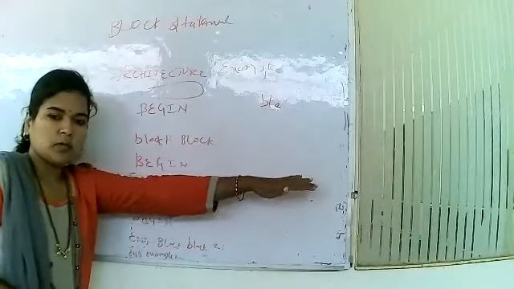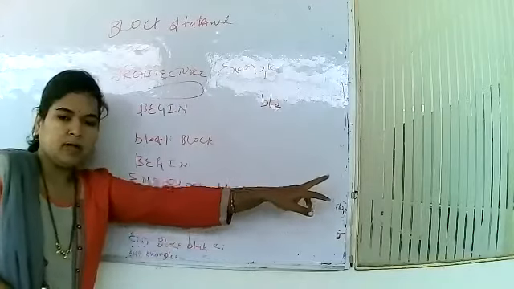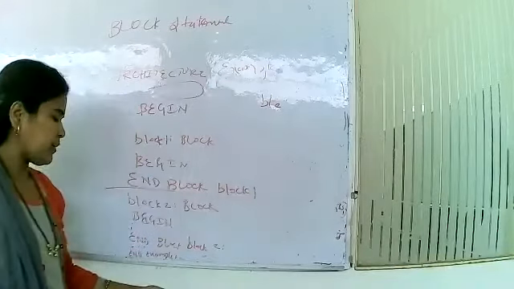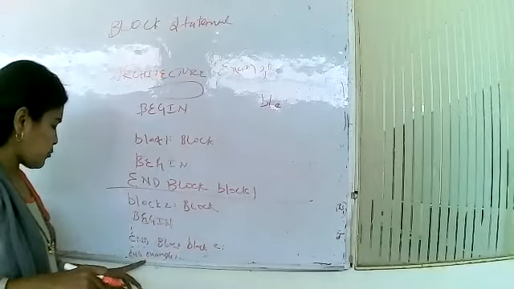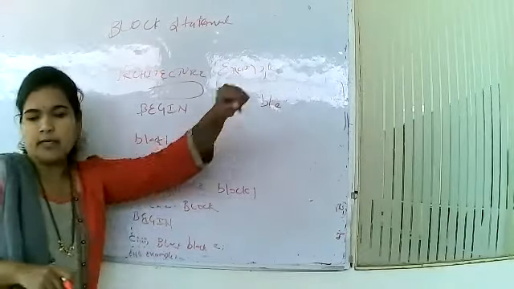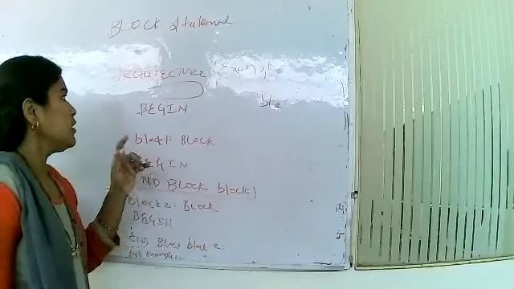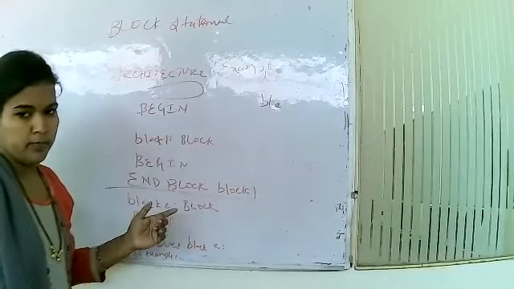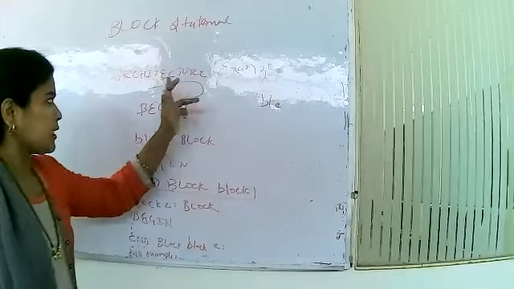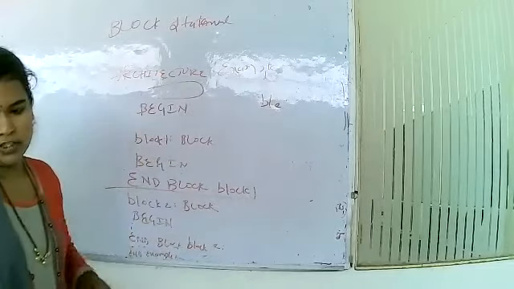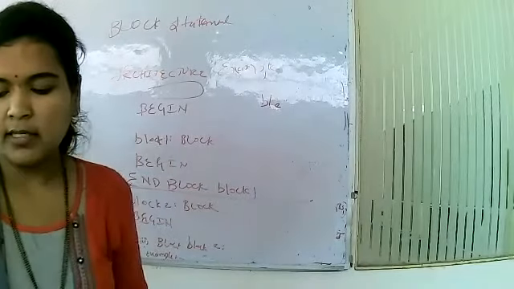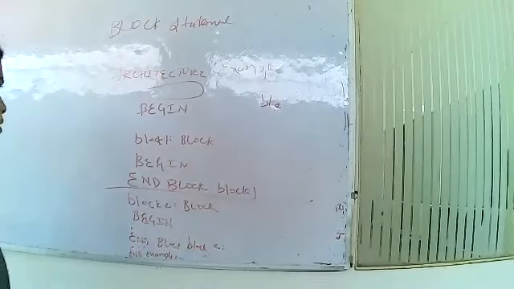Next, block 4 block begin, end of the block 4. The same thing repeats. We just do the partitioning, then finally we come to the end of this example. So this is the block statement. This is how the architecture will be. Block means just partitioning.